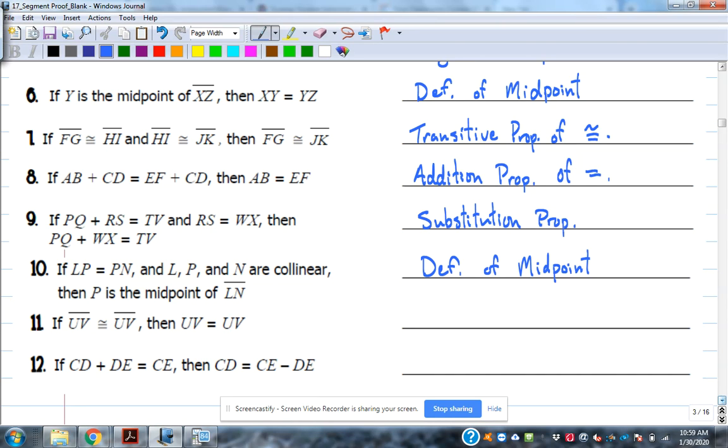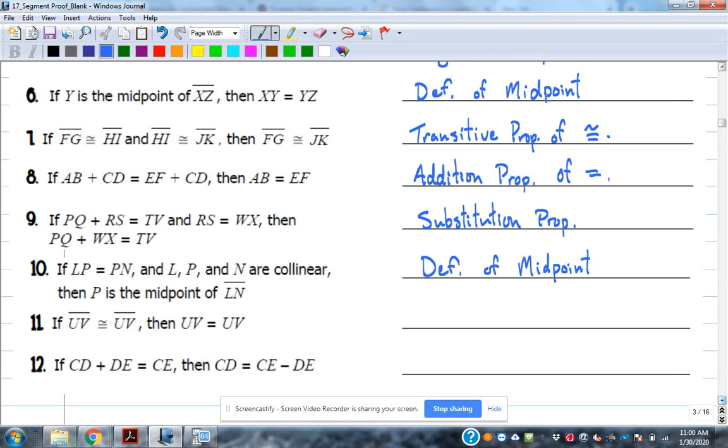Reflexive is LP equals LP, or PN equals PN, that's reflexive. But if you say the measure of LP equals the measure of PN, reflexive has to have the exact same thing on each side.